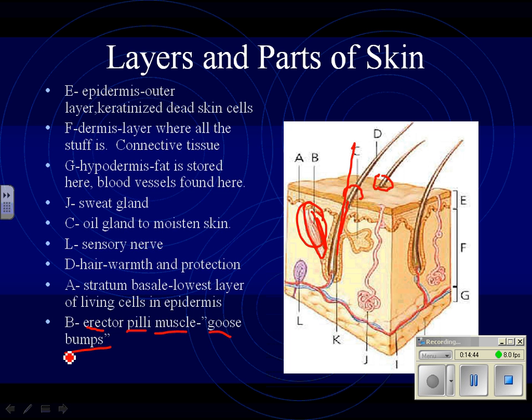A goose bump is just because this muscle is contracted and pushed the hair up. It makes a bump on your skin because as the hair pushes up, it pushes up on your skin. The erector pili muscle also has the distinction of being the smallest muscle in the body, although I say you get asked that at Jeopardy, but they don't ask questions that difficult.